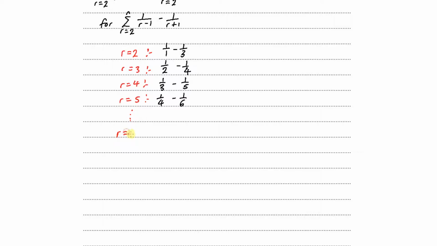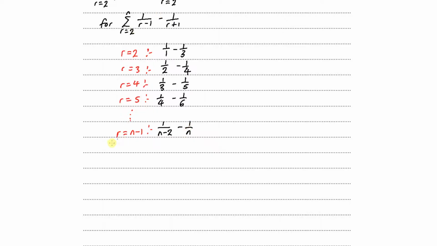which will be when r is equal to n minus 1. Now when r is equal to n minus 1, if we substitute this into this expression here, we'll be having 1 over n minus 1 minus 1, which is 1 over n minus 2, and that's minus 1 over n minus 1 plus 1, which is just 1 over n.